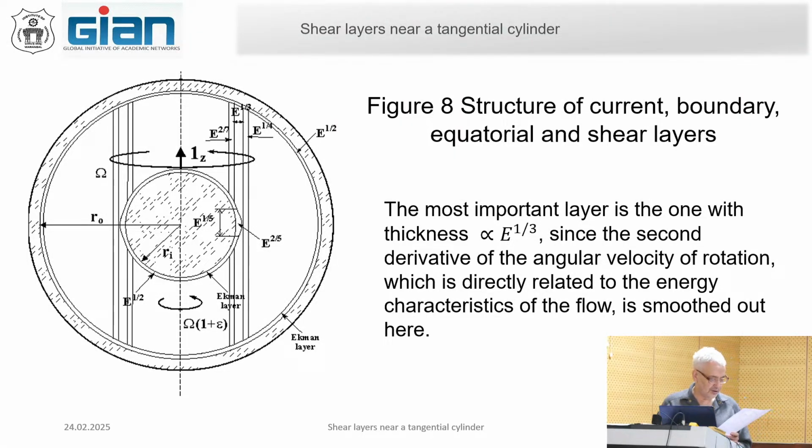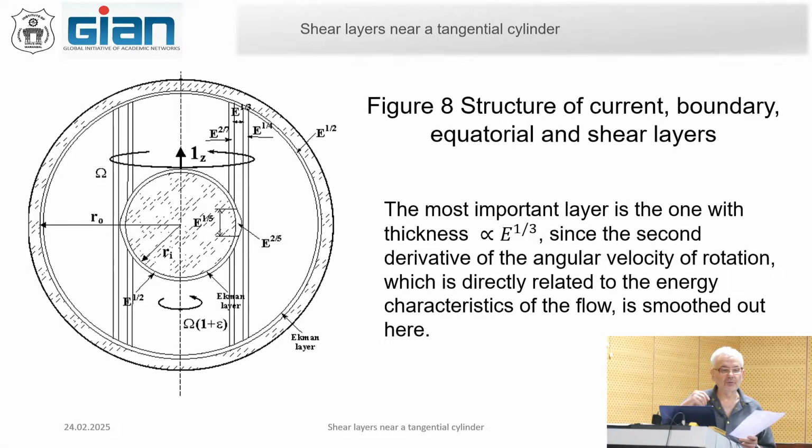As a result, outside the tangent cylinder, which is shown on this figure as well, the fluid is in solid-state rotation. It was a special figure where we discussed that outside the tangent cylinder, in terms of the geostrophic flow, the fluid is in rigid rotation, but inside there is some geostrophic flow.